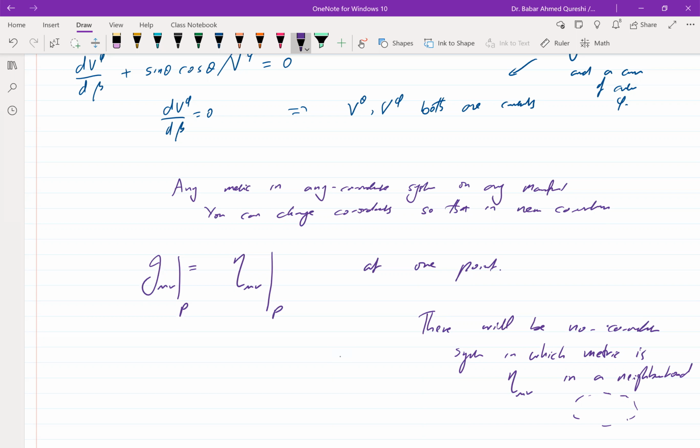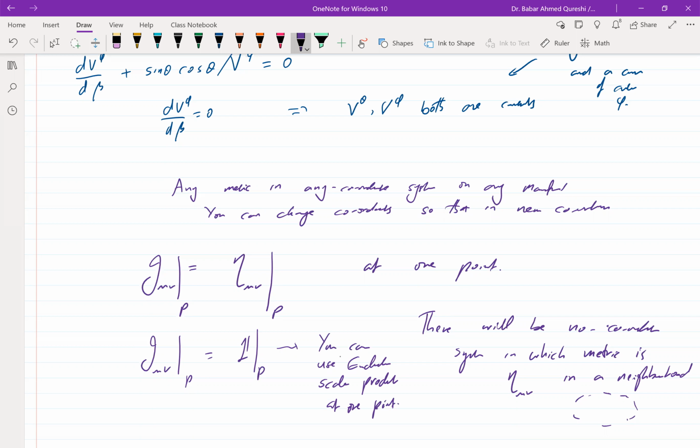At that point, the metric components will be this. So on that vector space, T_pM, at that point, you can take the scalar product of vectors using the ordinary eta mu nu. This is for Lorentzian, but if you are taking the other signature, then this is just the Euclidean scalar product at one point.